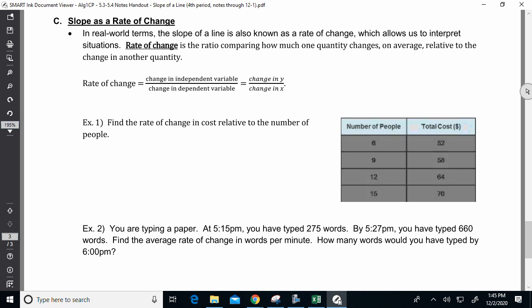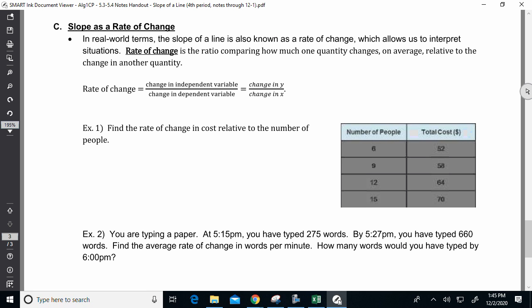So, in real world terms, slope is known as rate of change, which allows us to interpret certain situations. The rate of change is a ratio that compares how much one quantity changes to another.